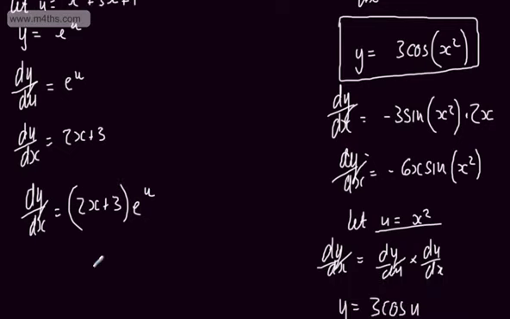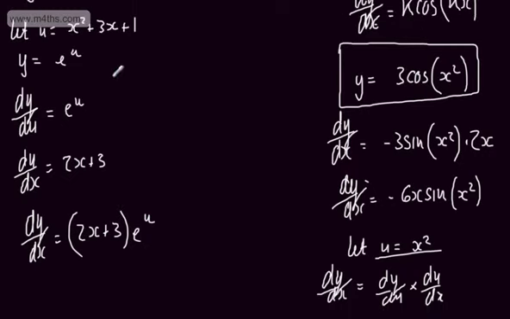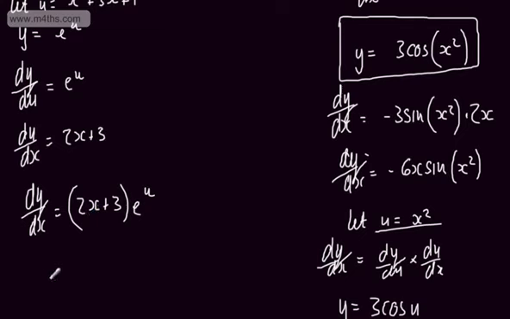But we know that u is equal to x squared plus 3x plus 1, so dy/dx will be equal to 2x plus 3 multiplied by e to the power of x squared plus 3x plus 1. And that's all it is.